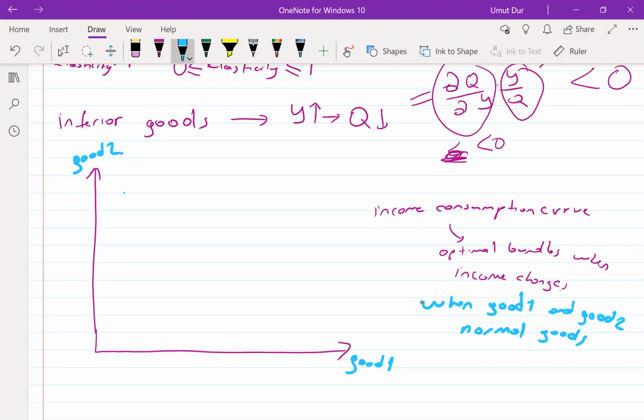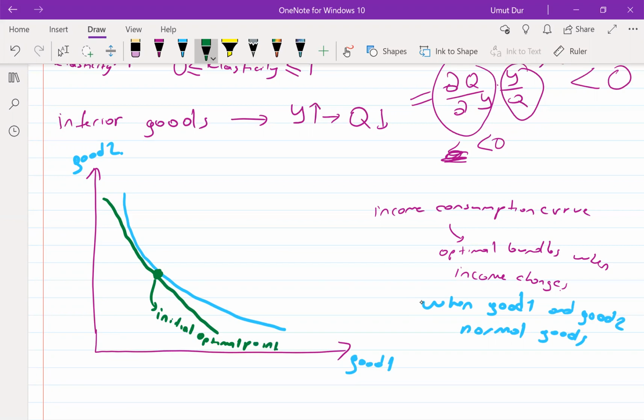Okay, so let's say that this is our initial indifference curve. This is our budget line, okay? And this point is our initial optimal point. Then I increase my income, which becomes this dashed line.